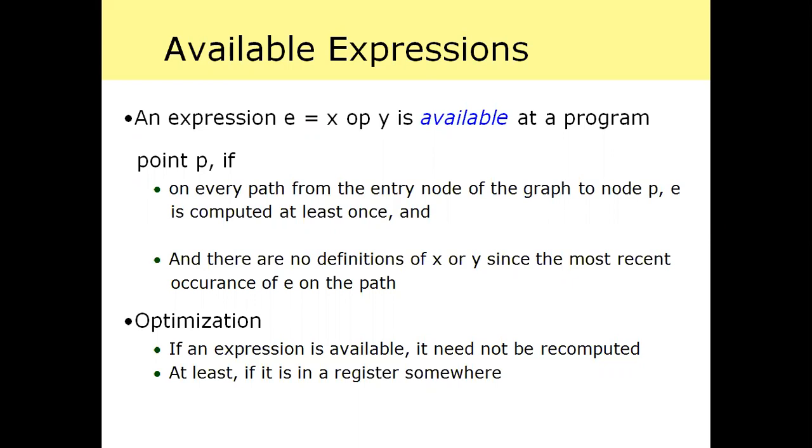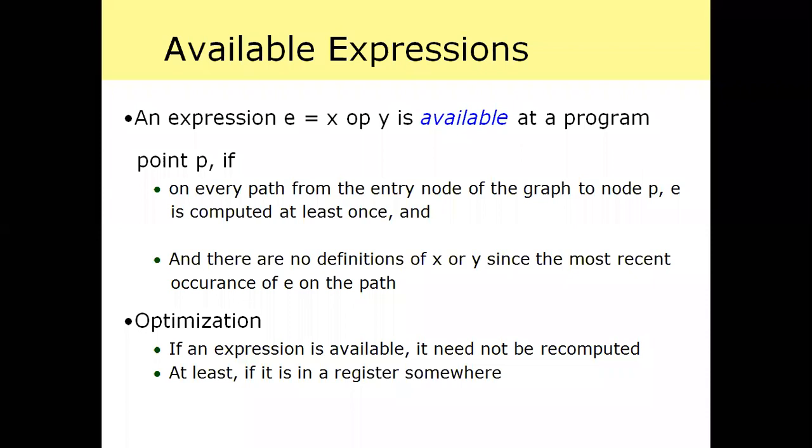If we have an expression in the form of a 3-address code representation, E is equal to x op y, it is available at some program point P if and only if it holds along all paths reaching point P. Is it clear?